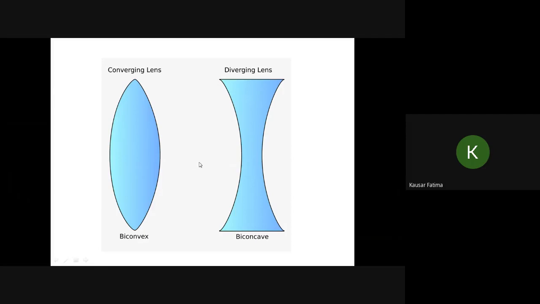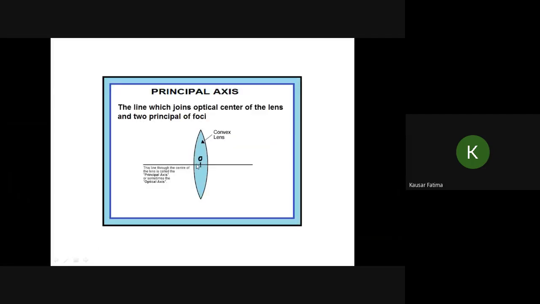It has a depression or depth. The principal axis is the line which joins the optical center of the lens and the two principal foci. Every lens has two principal foci, one on this side and the other on the other side. The line passing through the center of the lens is the principal axis.